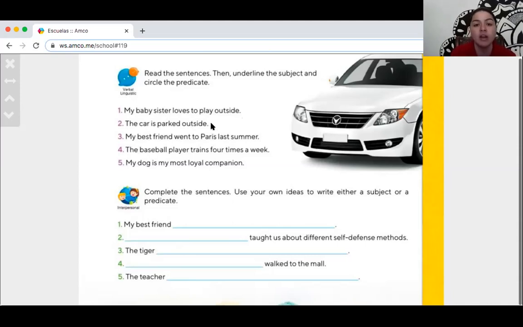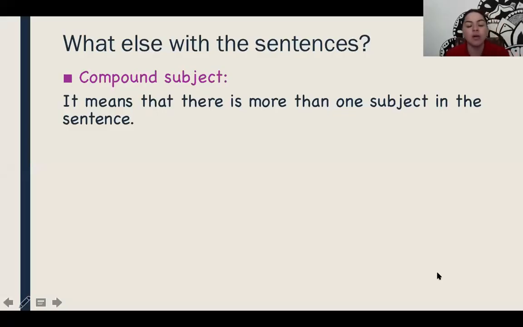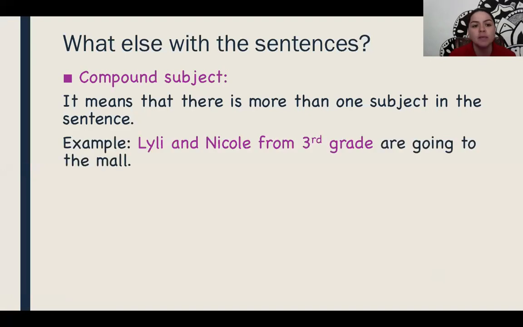Okay, now let's go to the next part of the sentences. Now, what else about sentences? Well, sentences can have a compound subject. What is a compound subject? A compound subject is when a sentence has more than one subject. For example, Lily and Nicole from 3rd grade are going to the mall.